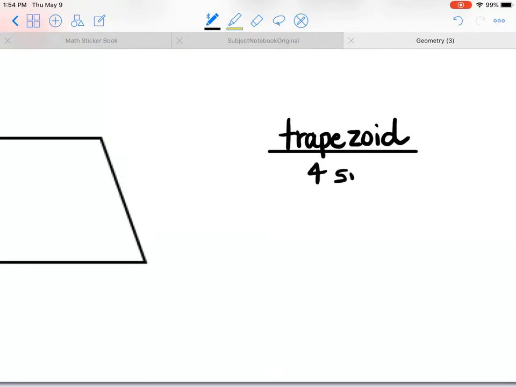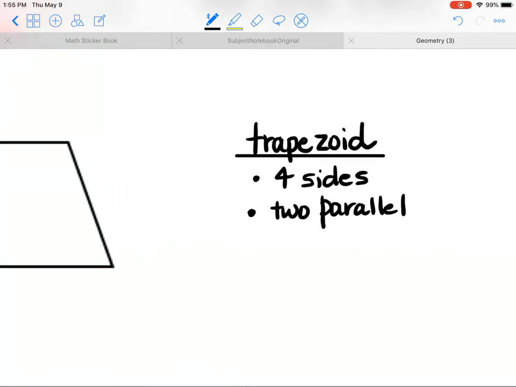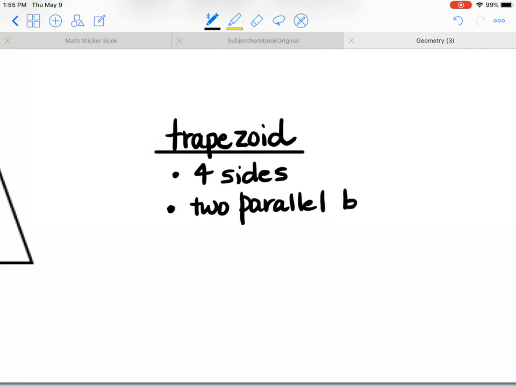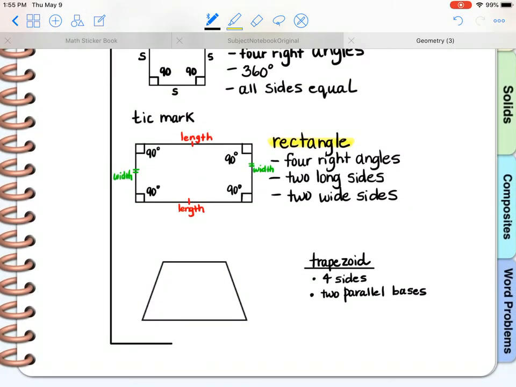Always 4 sides. And it has 2 parallel bases. And I'll show you what that means. Let's just get the definition down. 2 parallel bases. And that's all I'm going to say there.